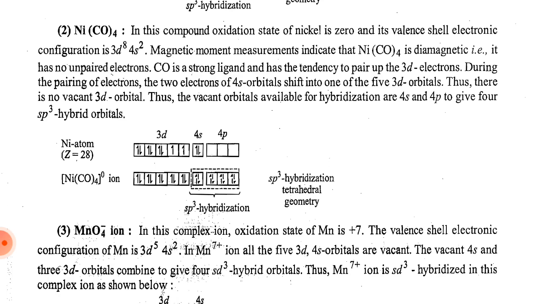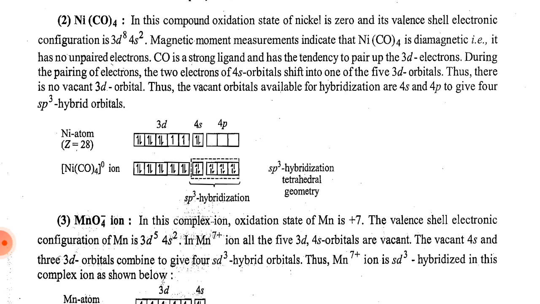Nickel tetracarbonyl, Ni(CO)4. In this complex, the oxidation state of nickel is 0 and its valence shell electronic configuration is 3d8 4s2. Magnetic moment measurements indicate that Ni(CO)4 is diamagnetic, that is, it has no unpaired electron.